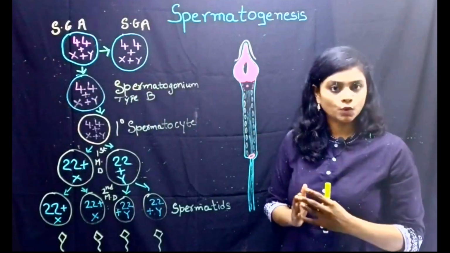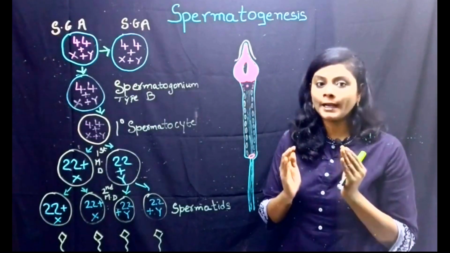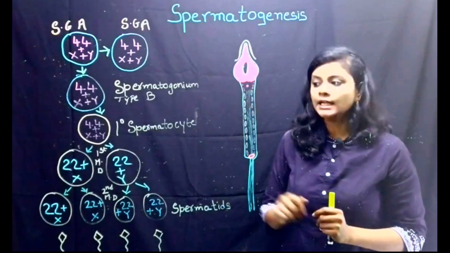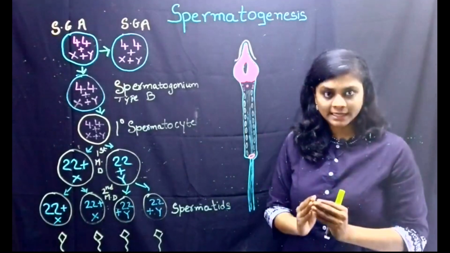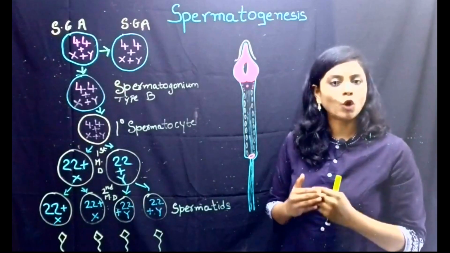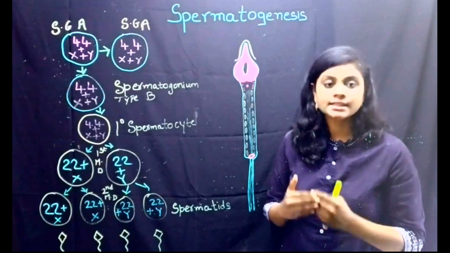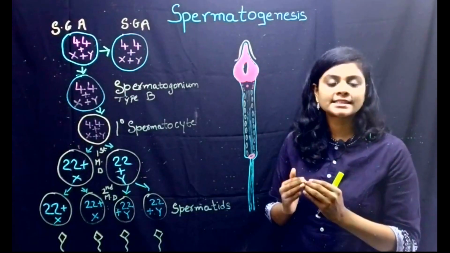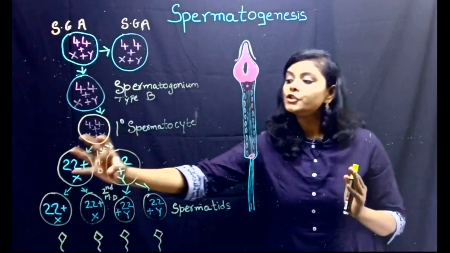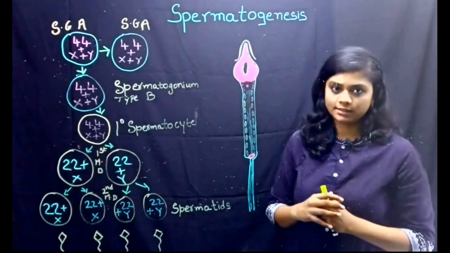Type B spermatogonial cells enlarge and divide mitotically to give rise to primary spermatocytes. These primary spermatocytes undergo the first meiotic division. As we have already learned in our previous sessions, in meiotic division we will see the division of chromosomes giving rise to two haploid cells.